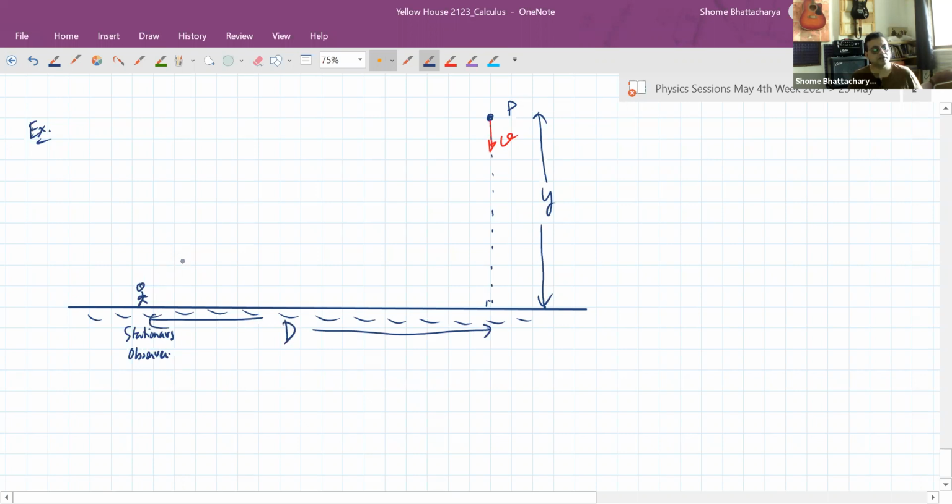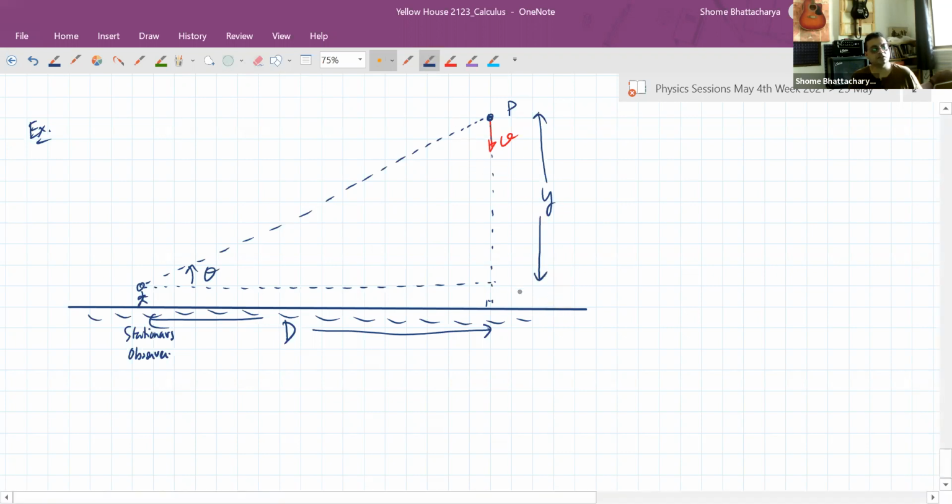Now, as you know, when this person looks up to observe that particle or object, his line of sight, suppose that is like this. With respect to the line of sight, if the angle of the line of sight is theta with respect to the horizontal, then we call theta the angle of elevation. So that is the term that is given to this.